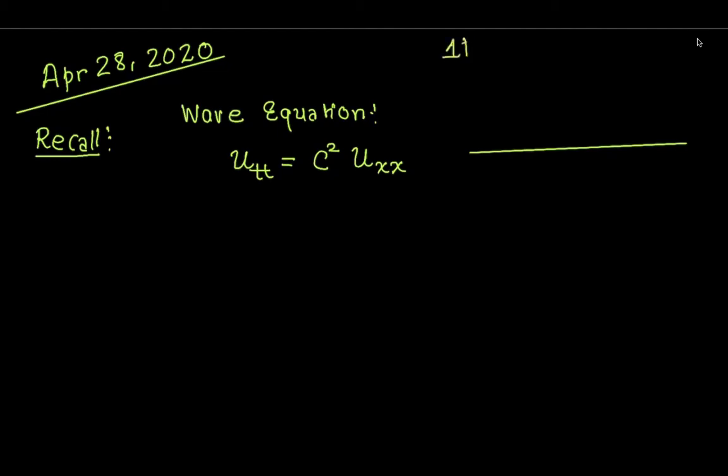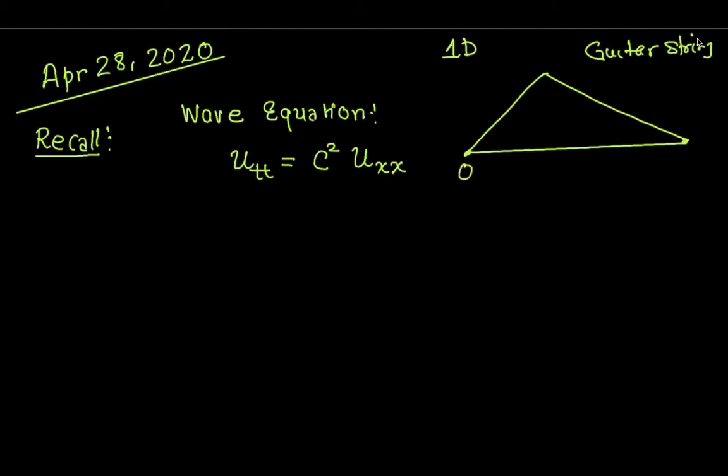An example in 1D is a string, like a guitar string, and you pull that guitar string.